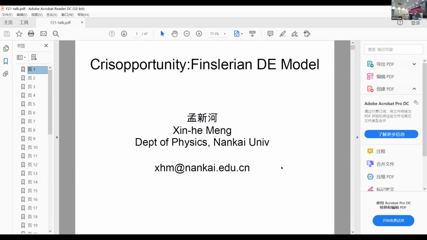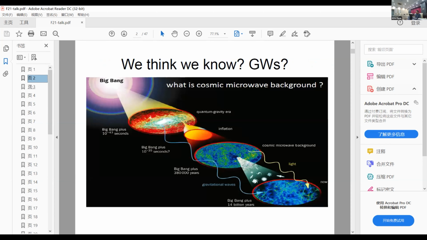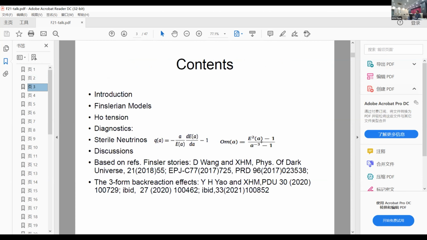It's also very interesting. So today I introduce a new model based on Finslerian geometry. First, I'll give some motivation for why I established a model based on Finslerian geometry instead of Riemann geometry. Then I'll give a specific example, the model building based on a special case of Finslerian geometry.